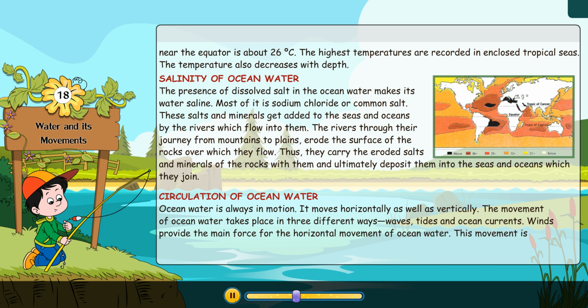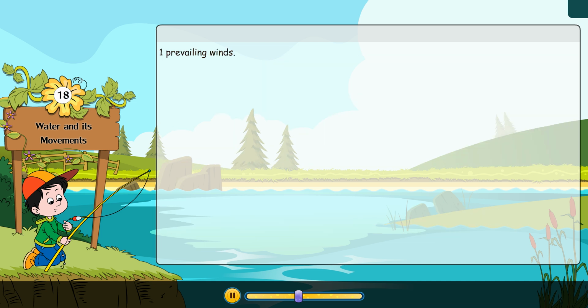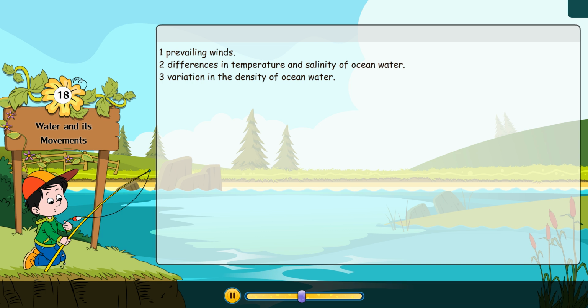Winds provide the main force for the horizontal movement of ocean water. This movement is basically due to 1. Prevailing winds, 2. Differences in temperature and salinity of ocean water, 3. Variation in the density of ocean water.